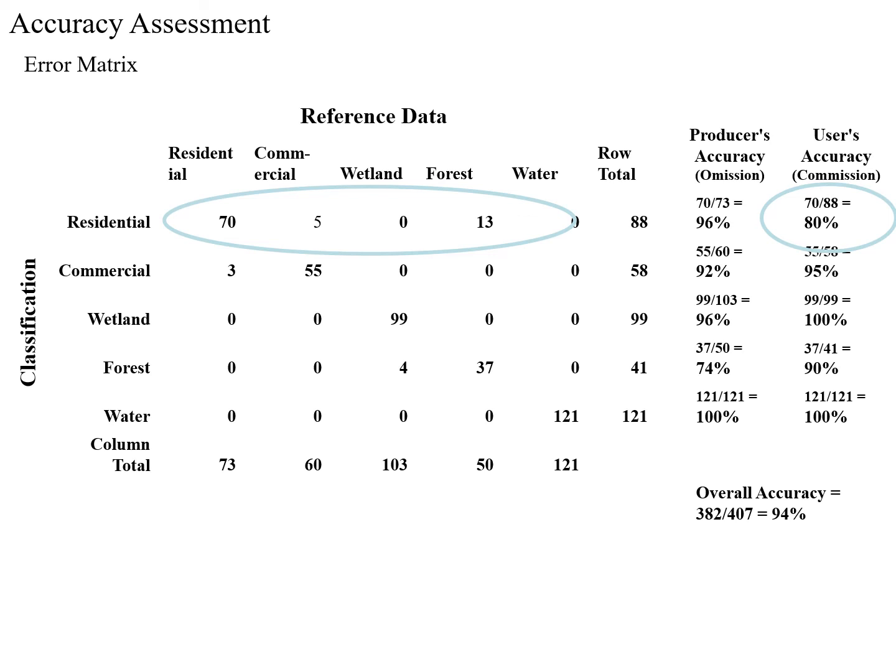So we add up those 3 numbers and divide by 88. Okay, so we have 88 points that we're interested in on the map, and we want to know, of those, how many were correct? 70. So that's just 70 divided by 88, or 80%.